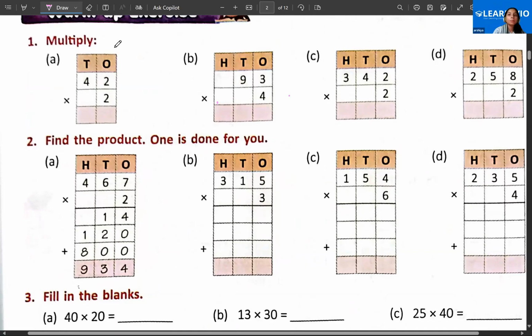Am I audible? Did you learn the tables? I didn't learn that much. Till where did you learn? I remember 3 tables. 4 is also clear a little bit.